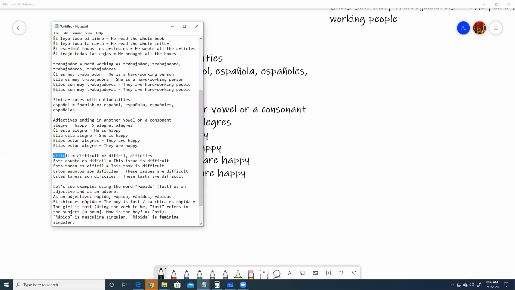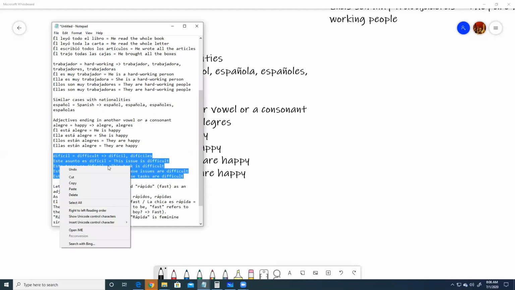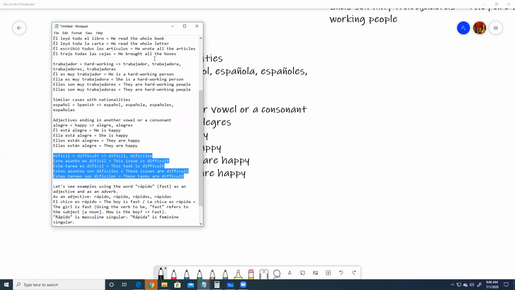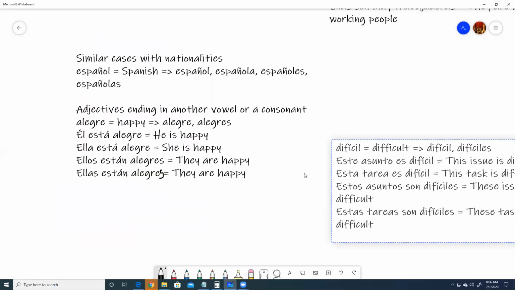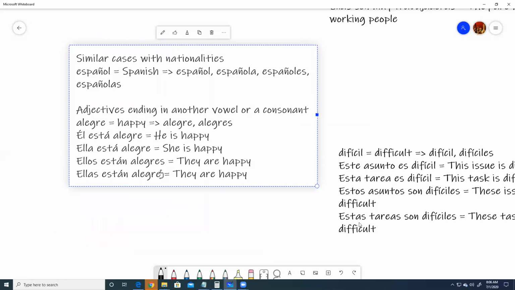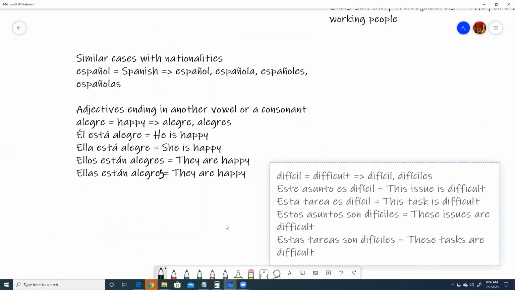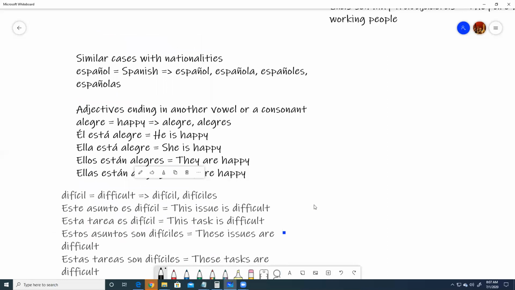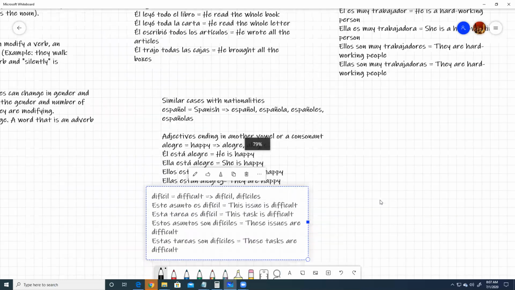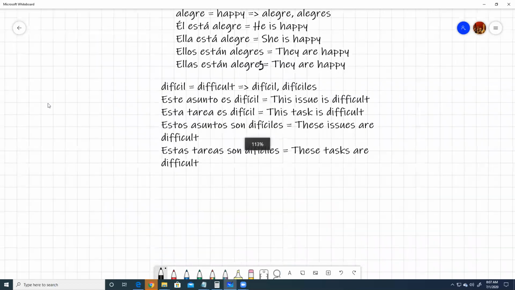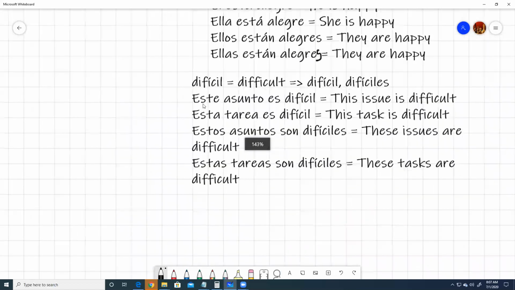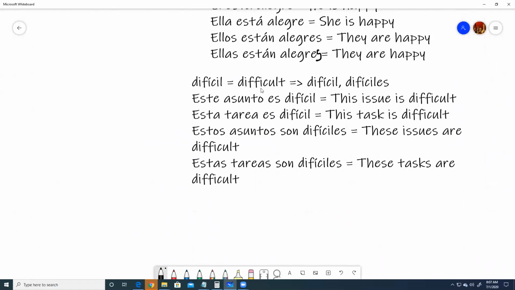Now let's see what happens when the ending is not a vowel, but a consonant. Okay, in this case, we're talking about the adjective difícil, difficult.